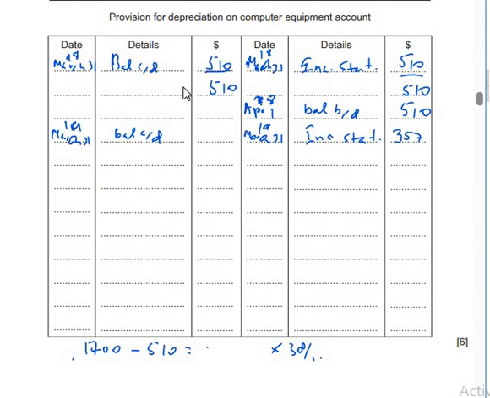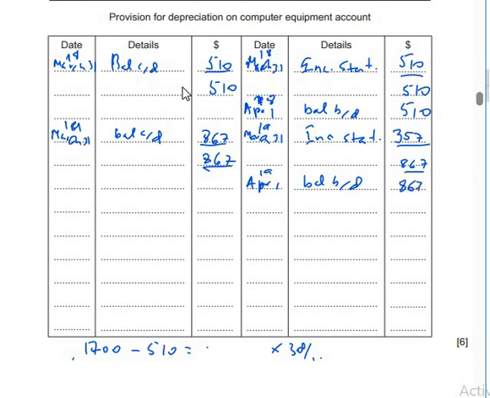This time around, the balance carried down will be 510 plus 357, which is 867, right? So the balance of 867 will be recorded, and we add both sides, 867, 867. This is the 510 plus 357, and we bring down the balance on the following day, that is April 1st, the same year, 2019. There will be a balance brought down of 867.